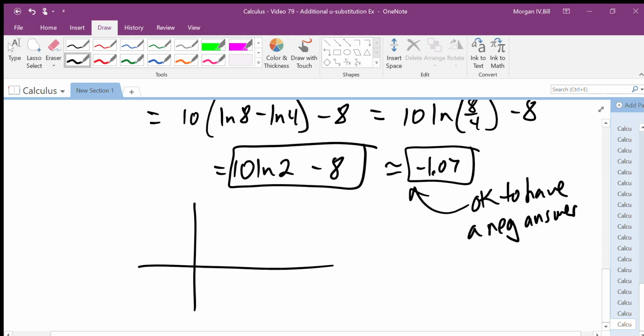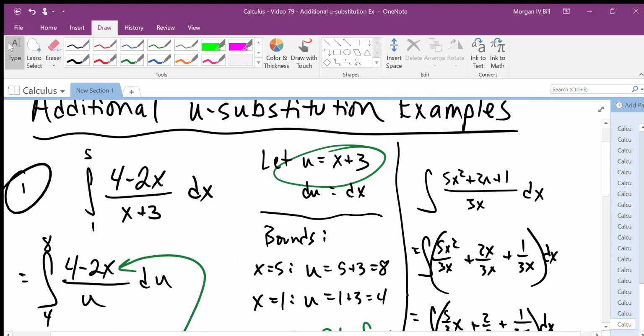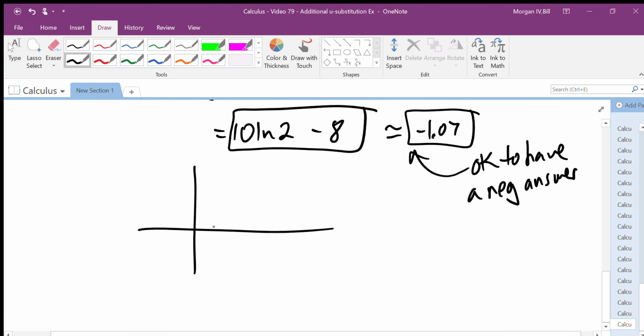But remember, the original function was 4 minus 2x over x plus 3 from 1 to 5. Here's 1, here's 5. What's happening more than likely is it's crossing the x-axis somewhere, right? And you're getting a little bit more area below the x-axis than you're getting above the x-axis, and so you're having more negative area than you are positive area. Therefore, you get a negative answer, and that's okay.